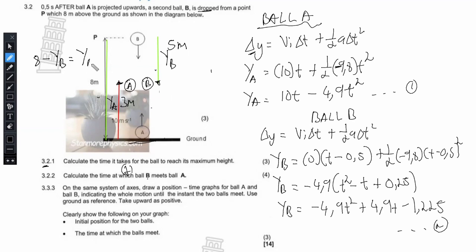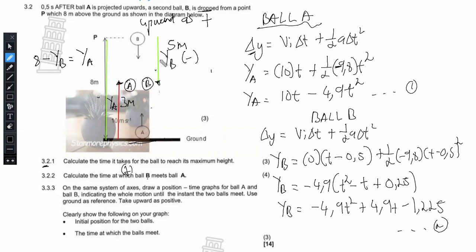To YA, right? But then again, let's consider the fact that I chose upward as positive. Now, if my upward is positive, what does it mean? It means that here, my YB would have to be negative, because I chose upward as positive, but ball B is going downward.